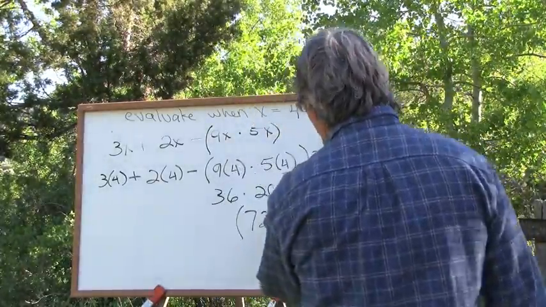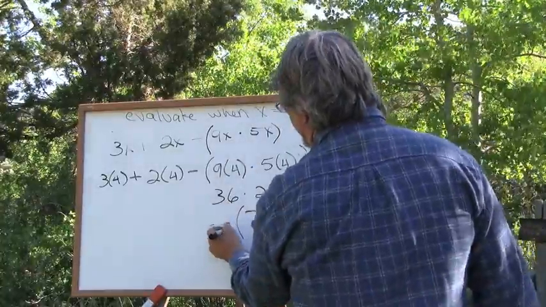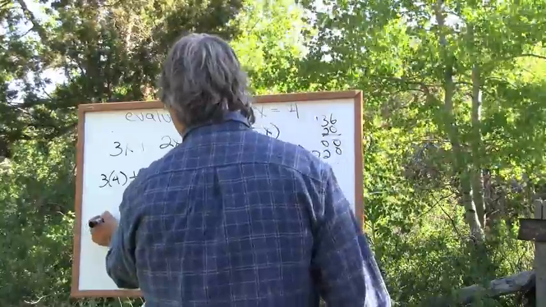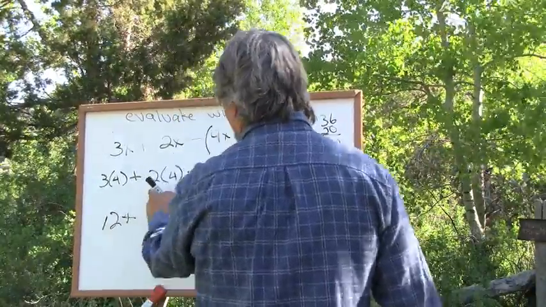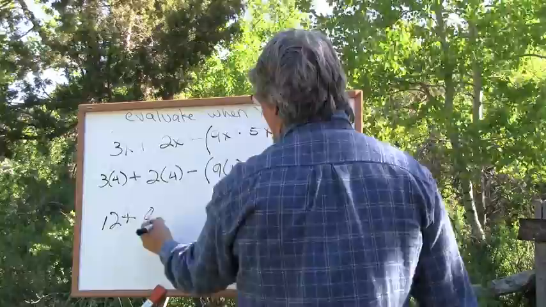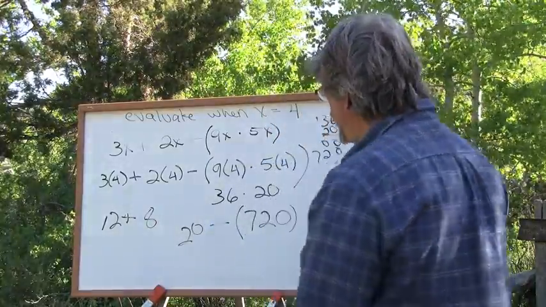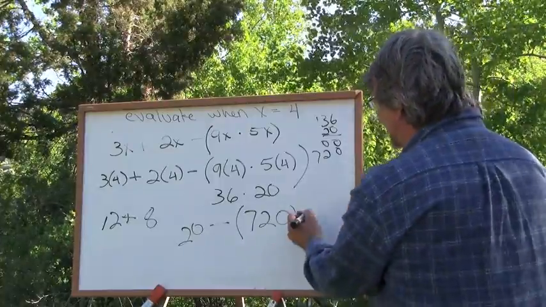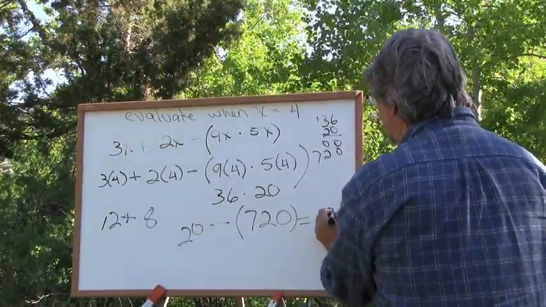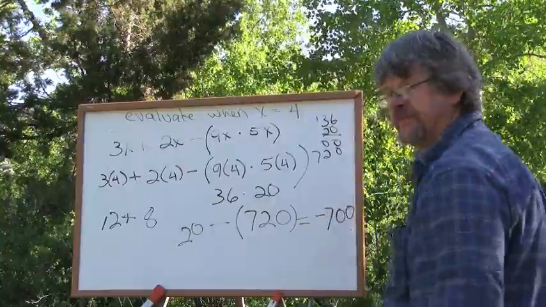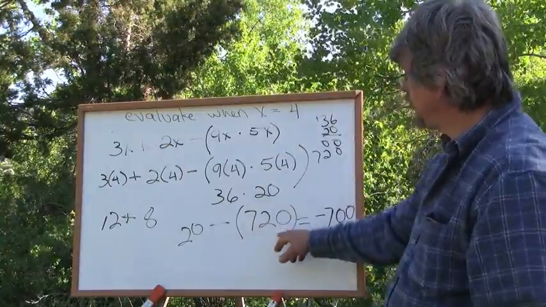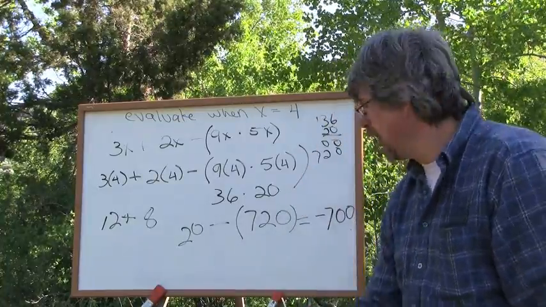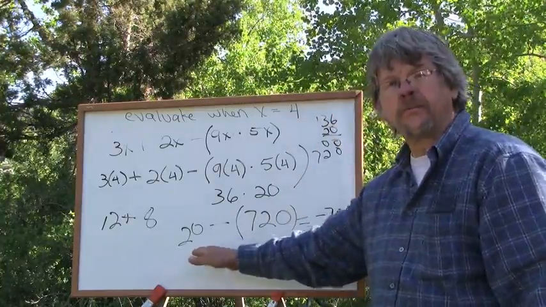Now, we want to keep our parenthesis because this is being subtracted from these numbers. So this is 12 plus 2 times 4 is 8, and this is 20. Subtract 720. So we can see that this is going to equal negative 700. Because the number 720 is larger than 20. However, we're subtracting the larger number from the smaller.